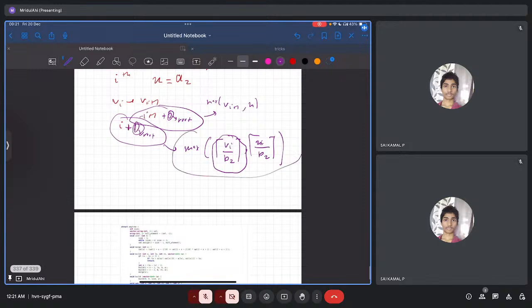So the maximum value turns out to be this if we do the transition from I to I plus 1 in V.